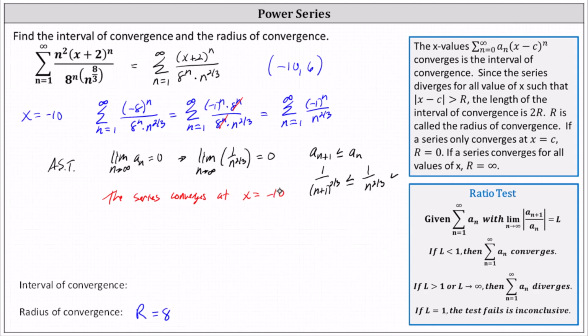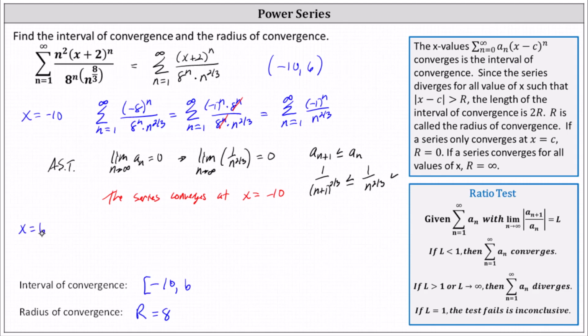So for the interval of convergence, we know the interval is going to be from -10 to +6, but now we know it includes -10, so the interval is closed on -10, and now we need to test whether the series converges at x equals 6.